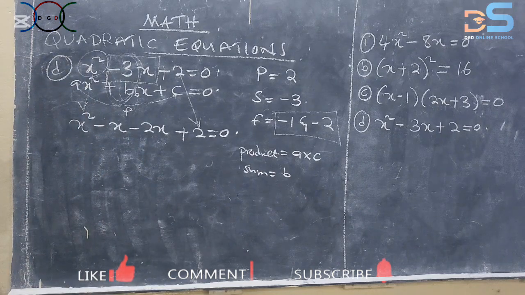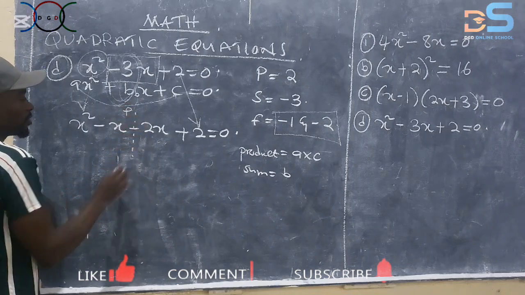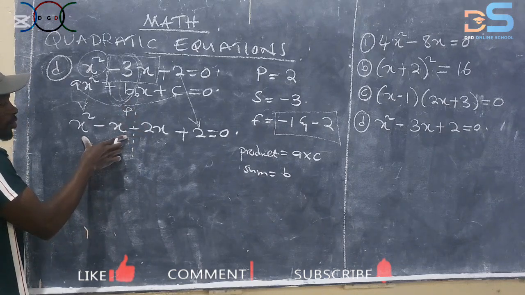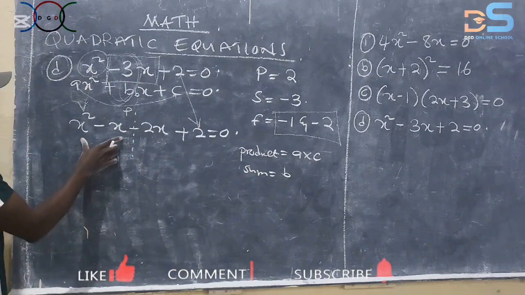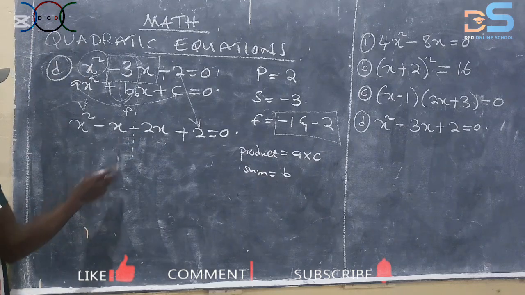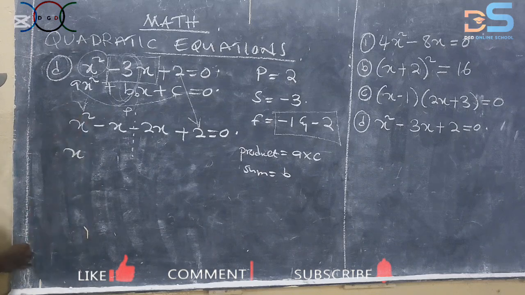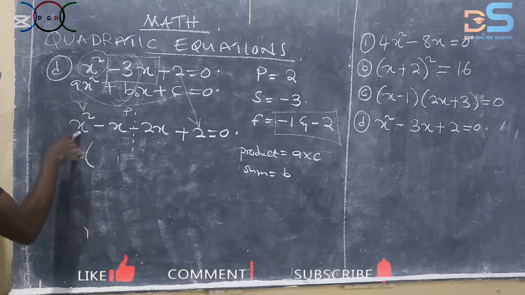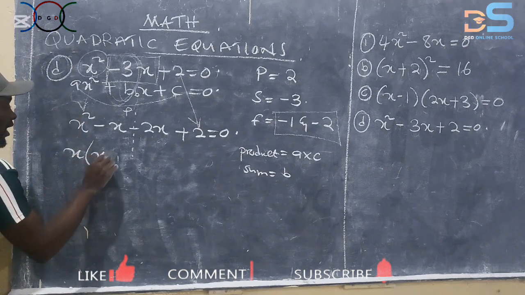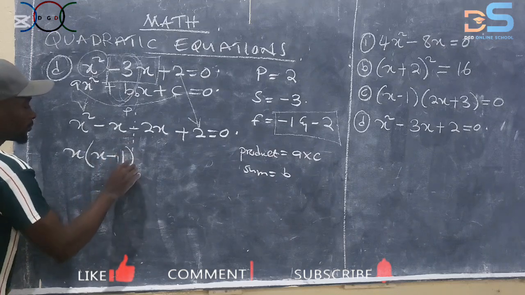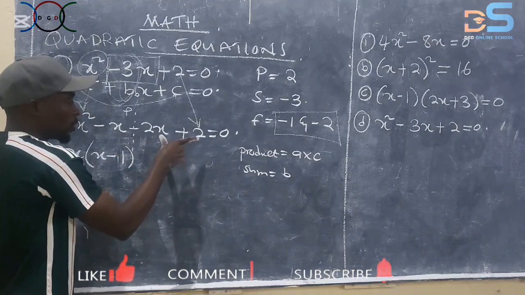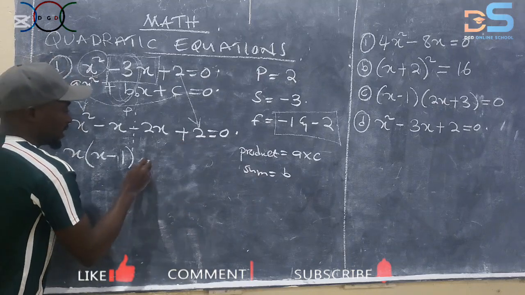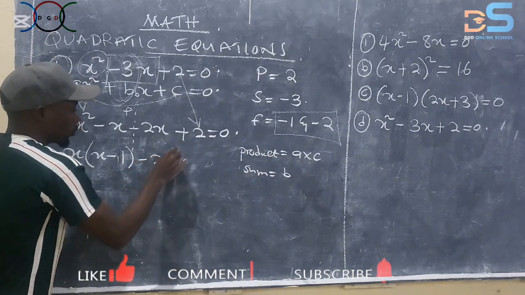Then now we can factorize by grouping terms. Grouping terms, we get 2 terms this side and 2 terms that side. If we look at our first 2 terms, what is common is x, open bracket. What remains is x minus 1. Then if we look at our second group, what is common is -2.